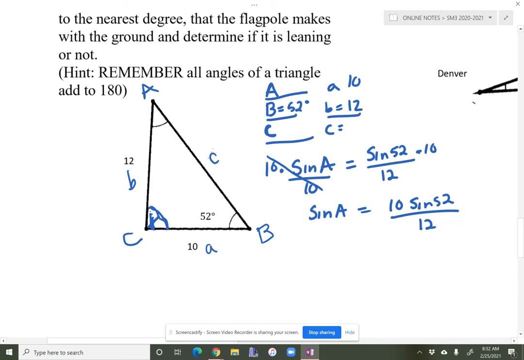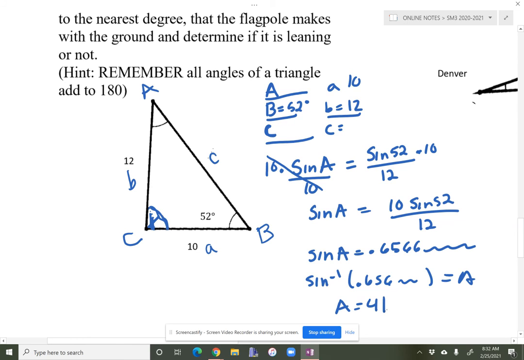Then I'm going to divide that by 12, and I get the sine of A equals 0.6566, blah, blah, blah. Okay, I'm going to second sine, I'm going to inverse that decimal. Okay, and I get A equals 41.04, 41 degrees.